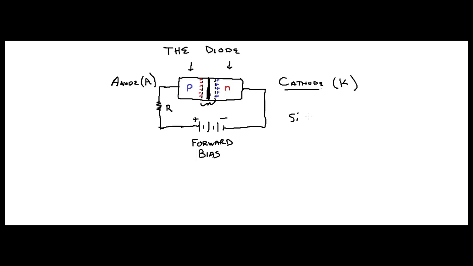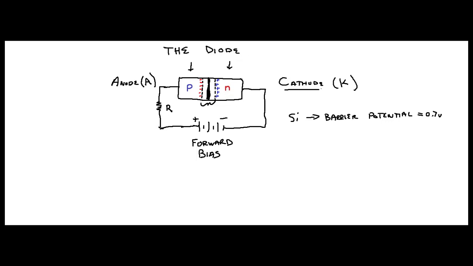We know that that barrier potential, right? I'm just going to say here barrier potential equals 0.7 volts.